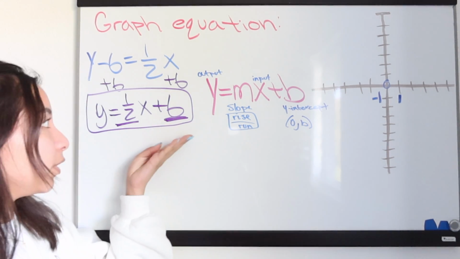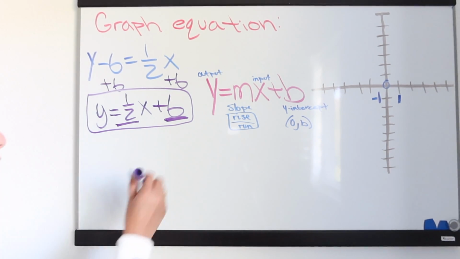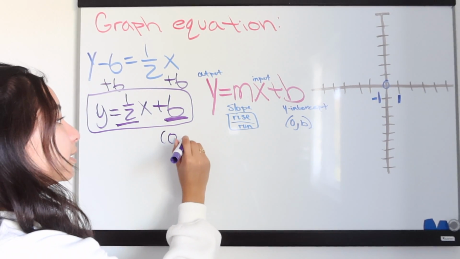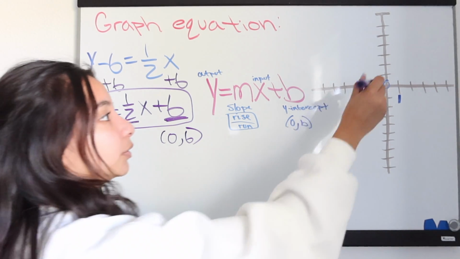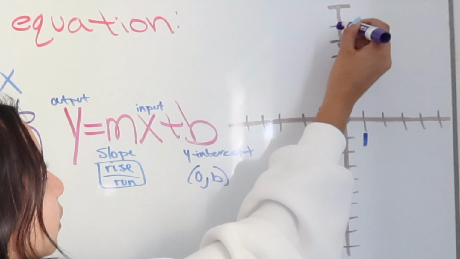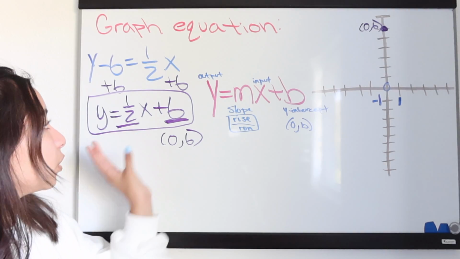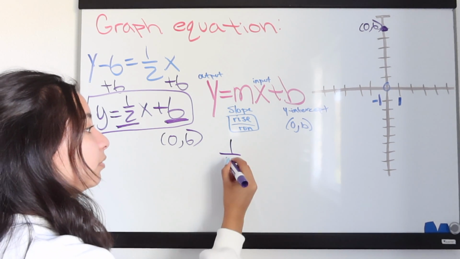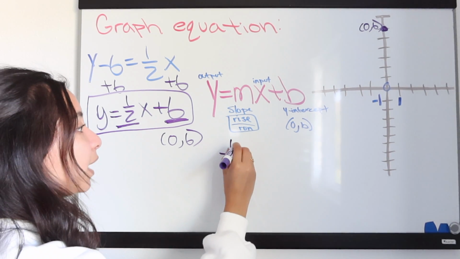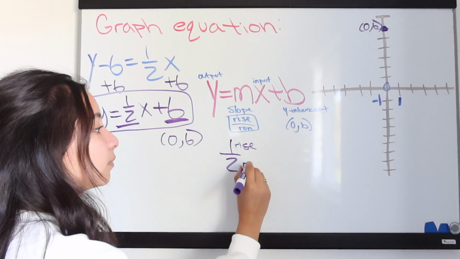Now let's graph. First we have to plot the y-intercept. So the y-intercept is 6, which means that the coordinate is 0, 6. So 0, 1, 2, 3, 4, 5, 6. This is our first point. So since our slope is 1/2, we have to rise 1 unit and run 2 units.